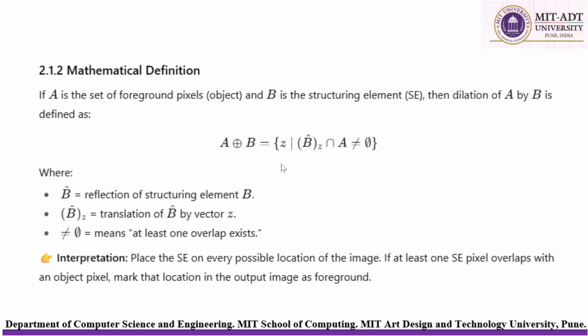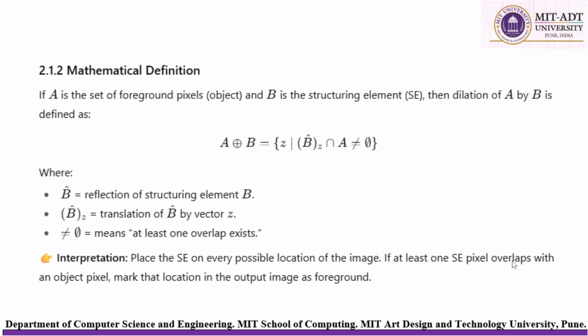The interpretation of this is, let us say, place a structuring element at every possible location of the image. If at least one structuring element pixel overlaps with another object pixel, then mark that location in the output image as foreground.